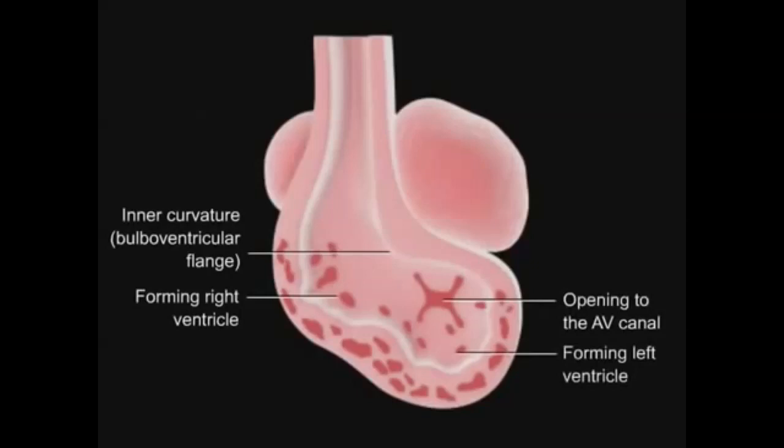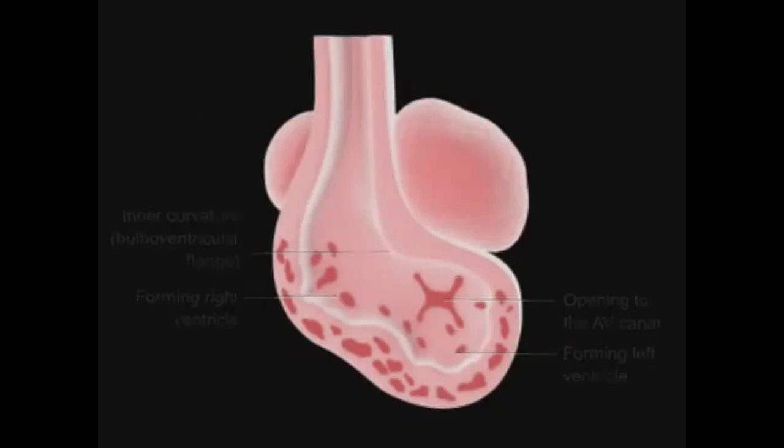So the atria are posterior to the scheme, and the connection between atria and ventricle is designated as the opening to the atrioventricular canal. At this stage, the myocardium becomes thick, and you can see the wall of the heart is quite developed.